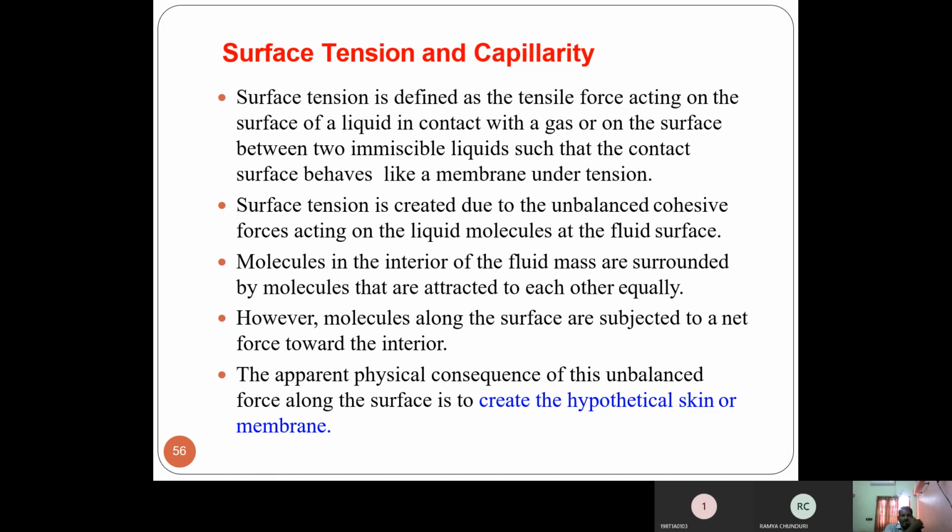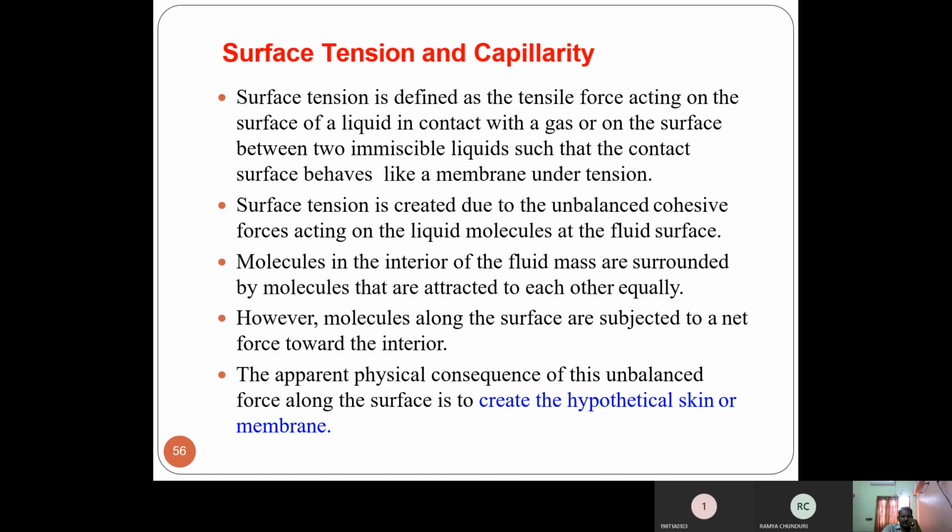Each molecule is surrounded by other molecules of the same liquid, so each molecule experiences this attraction from each other equally. However, the molecules along the surface are subjected to a net force towards the interior. To understand this, let us go to the next slide after completing this point.